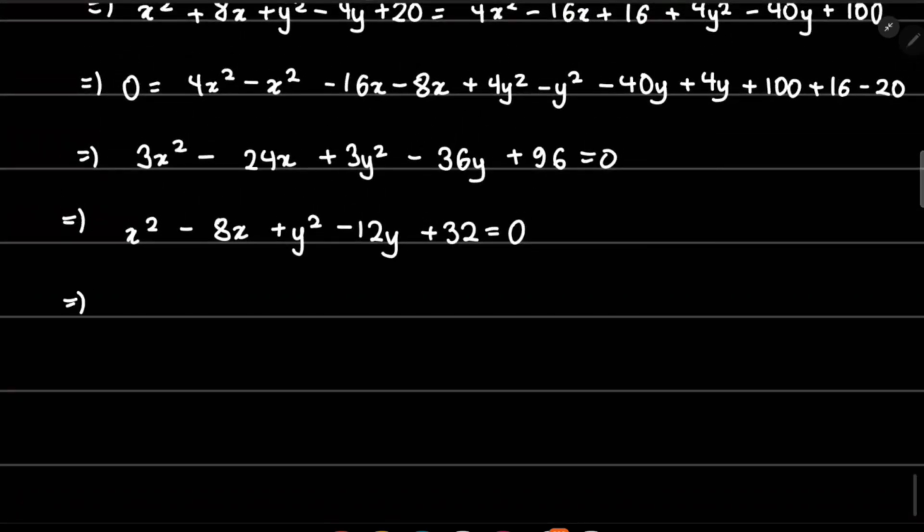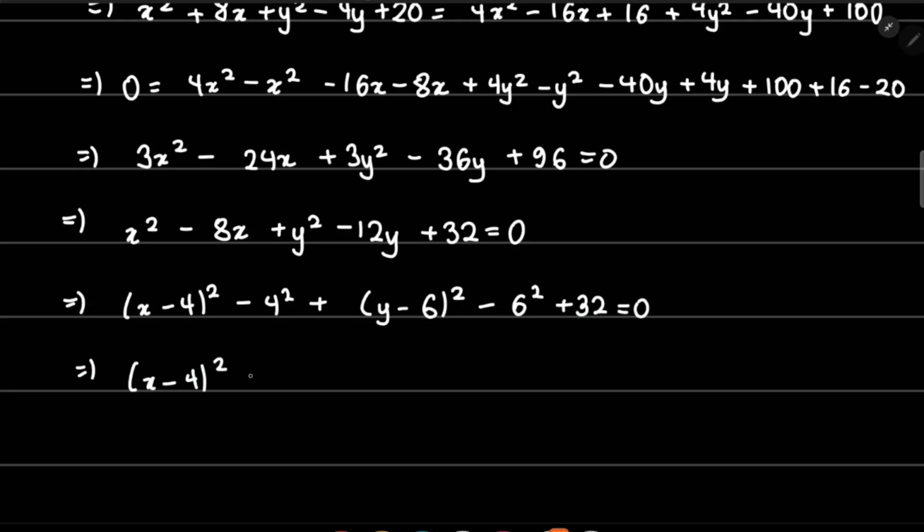Now to convert this into an equation of a circle, I can complete the squares. So for x I get (x - 4) whole squared minus 4 squared, and for y I get (y - 6) whole squared minus 6 squared plus 32 equals 0.